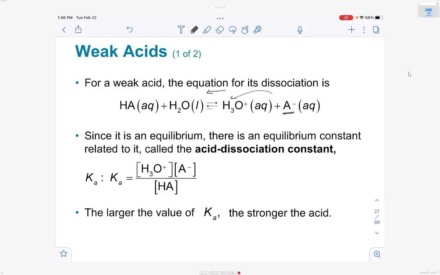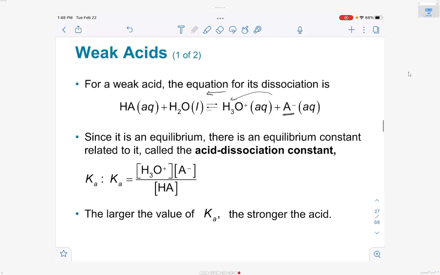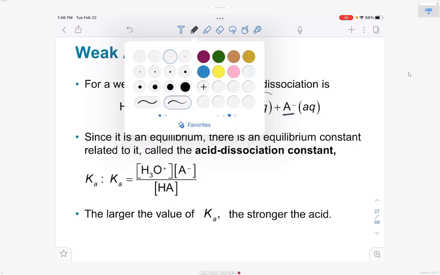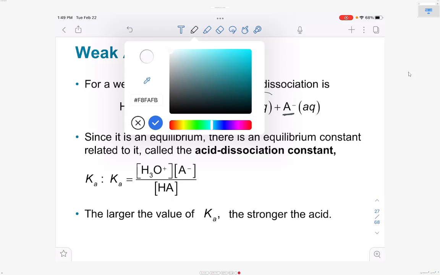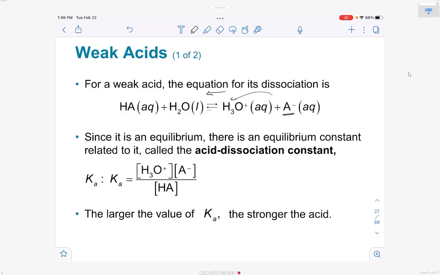Therefore, arrows in both directions are typically used.